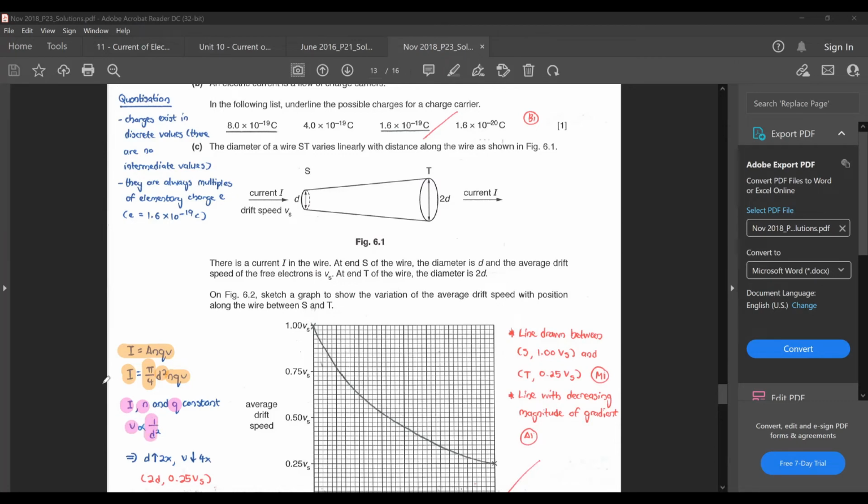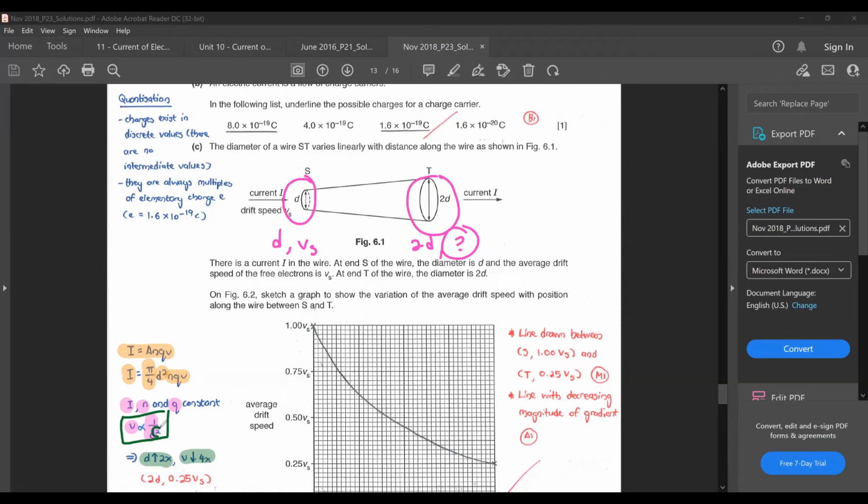Now, if you just look at these two, at D you have Vs. Now at 2D, what should be your drift speed v? So you have to relate to this one. If D is increased by 2 times, that means my drift speed will reduce by 4 times. Why is it 4 times?